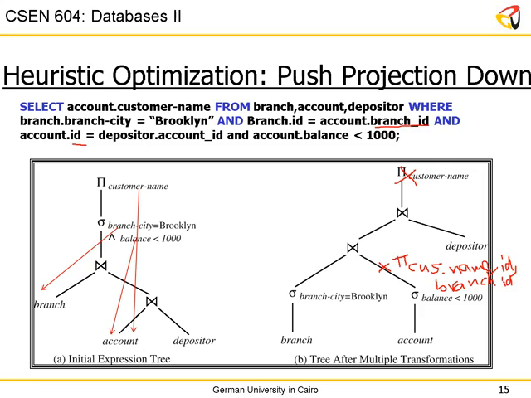But this is not the only column I need. I also need a column that will enable me to join account and branch. So I will project customer-name and also, can you guess which one? It's going to be account.branch_ID. I need to propagate that one up as well.